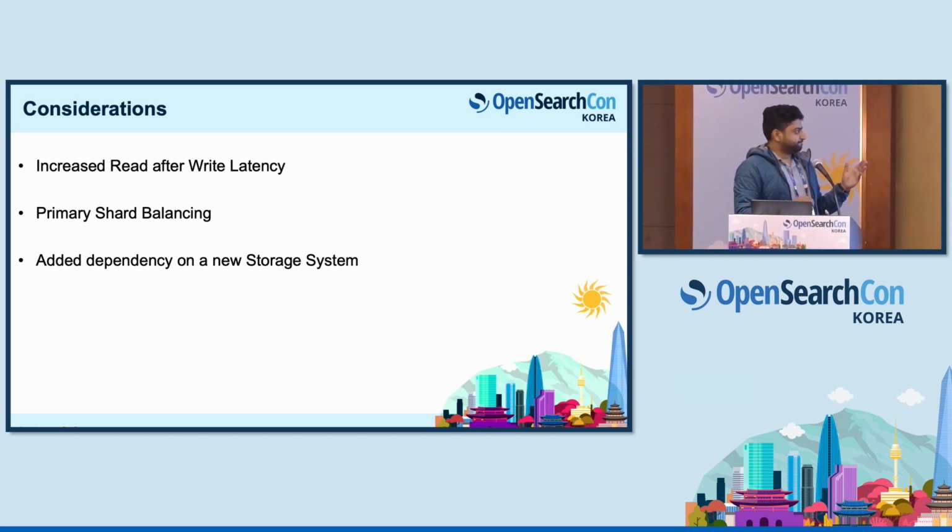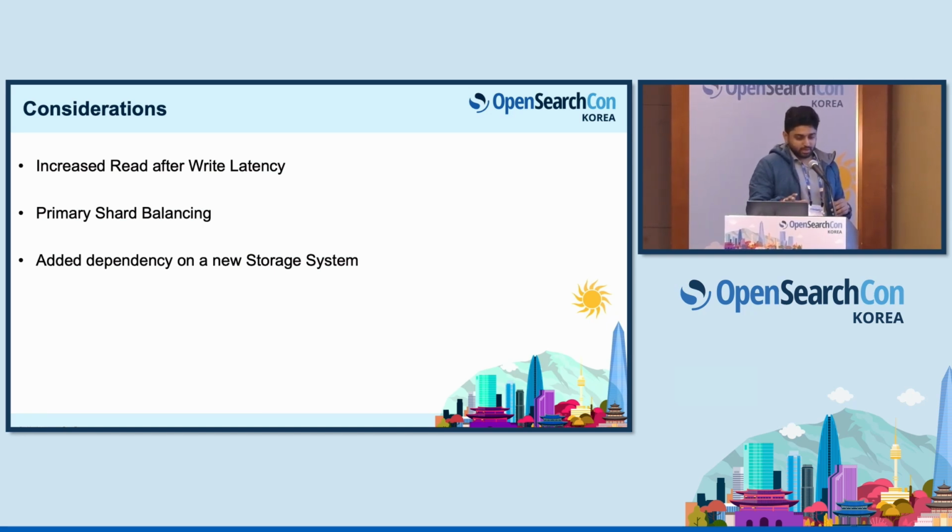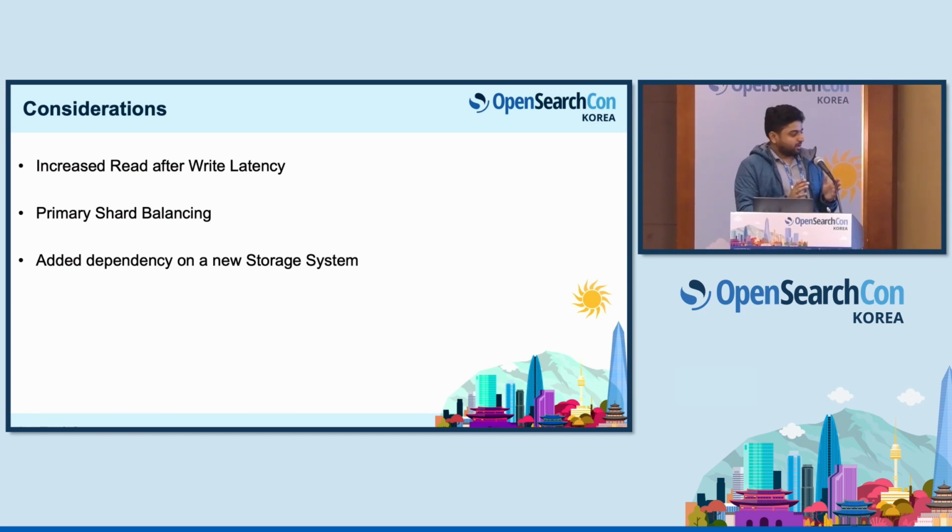Then there is primary shard balancing. We'll talk more about primary shard balancing in an example, but as an overview, compared to document replication, where all your shard copies, replicas and primaries, were doing the same amount of work, here your primary is the only one doing the excessive amount of work. Replicas are pretty dumb, they are just downloading the data, right?